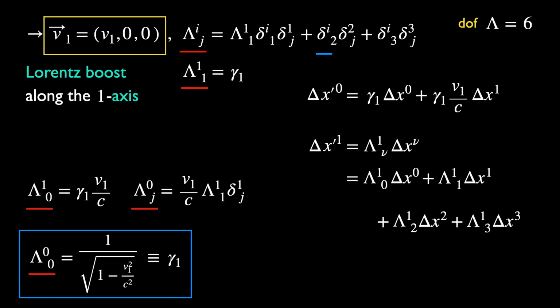From the last two terms of lambda ij, these last two terms are 0. And we can substitute in the results for these two elements.